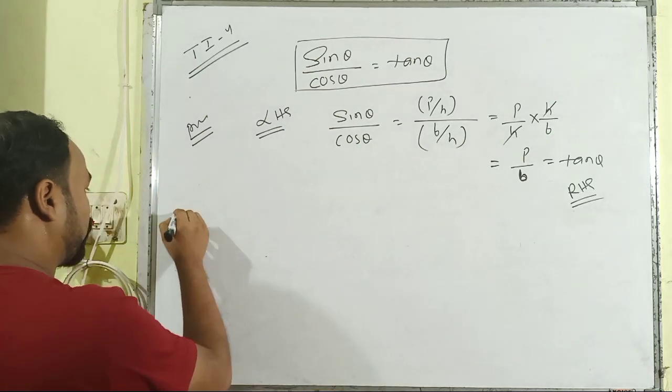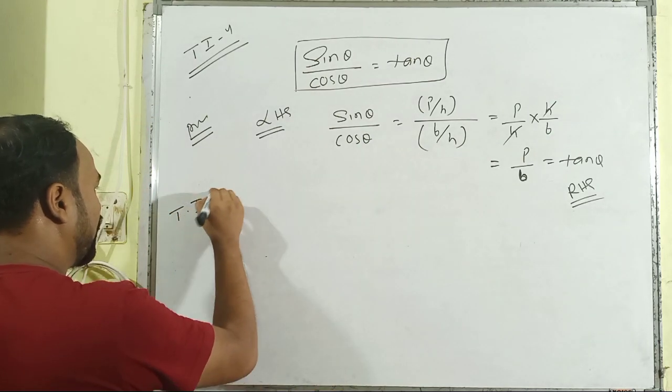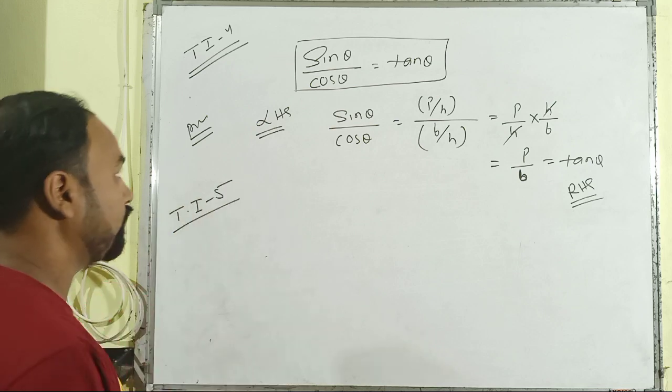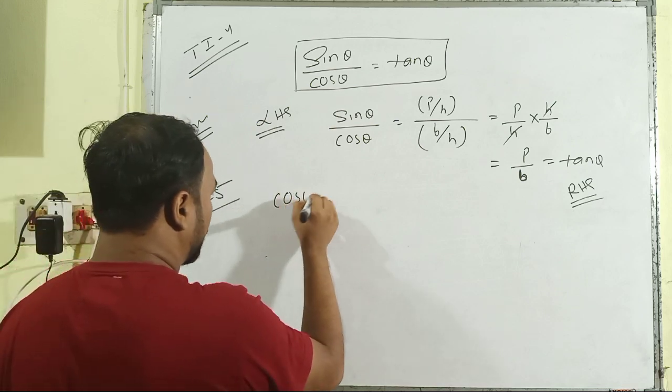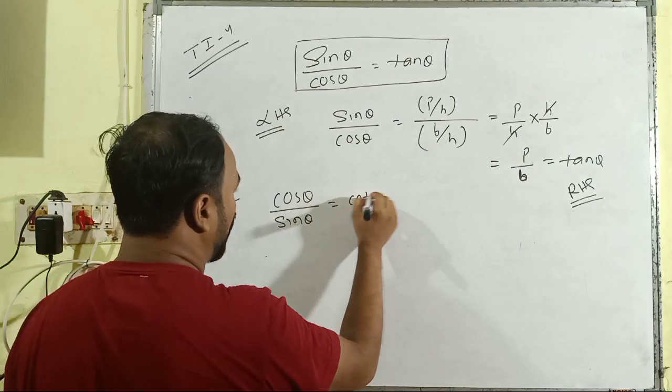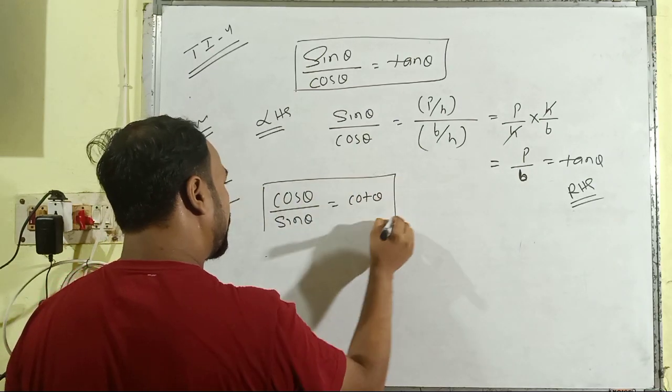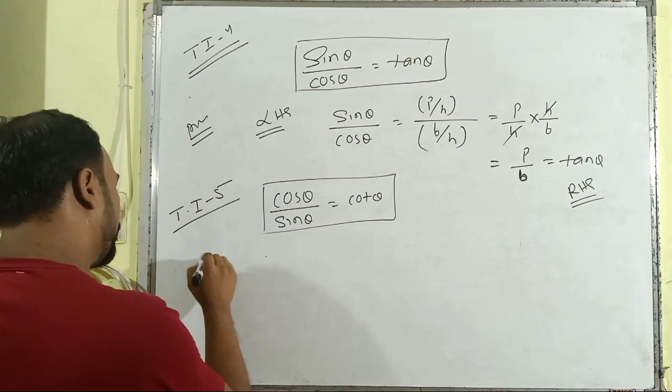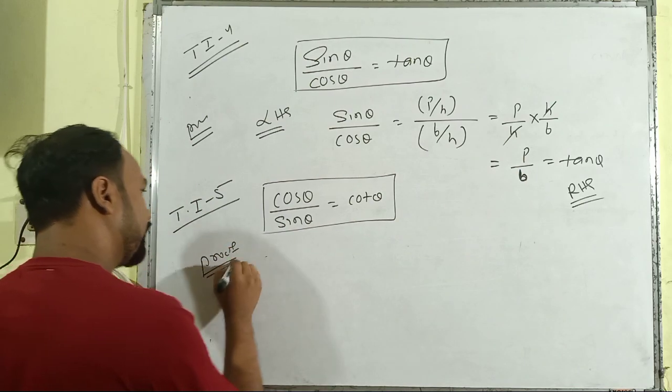Then let us move forward to the trigonometric identity number 5. It is cos theta divided by sin theta, which will give cot theta. The proof is here.